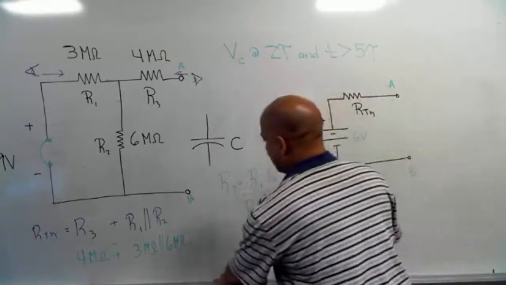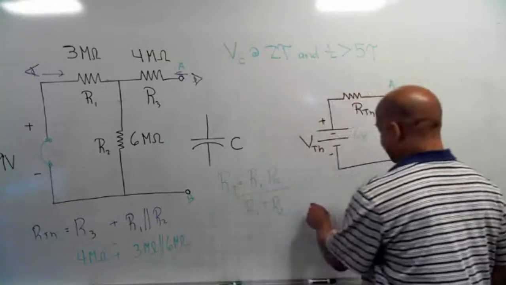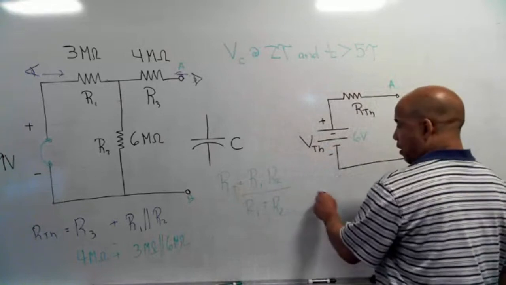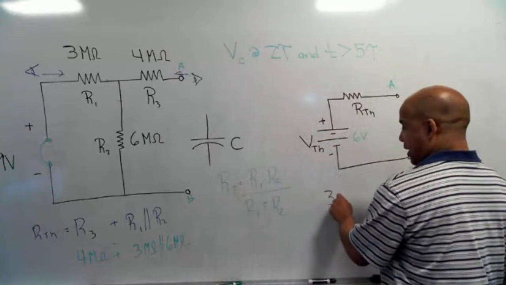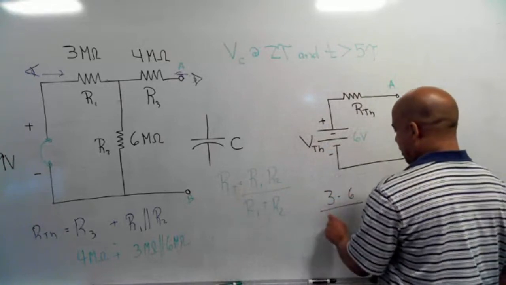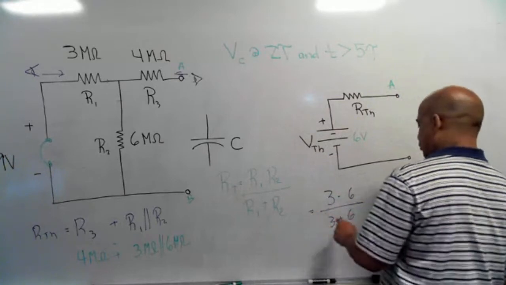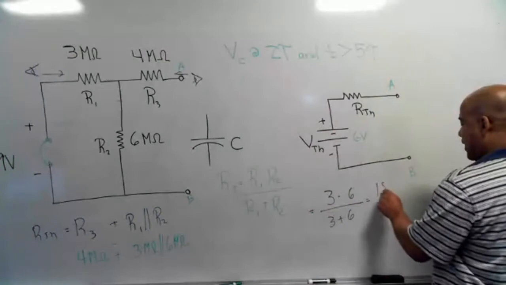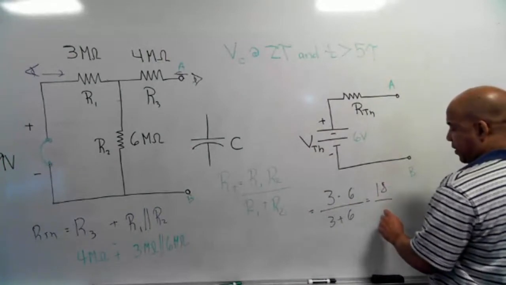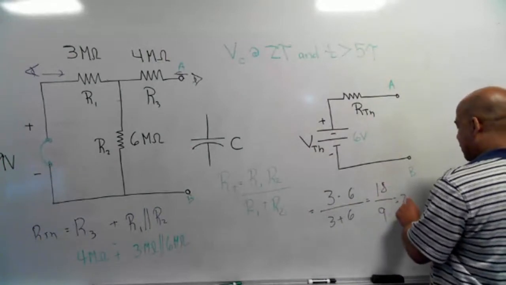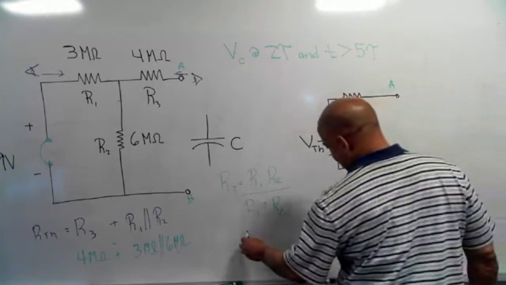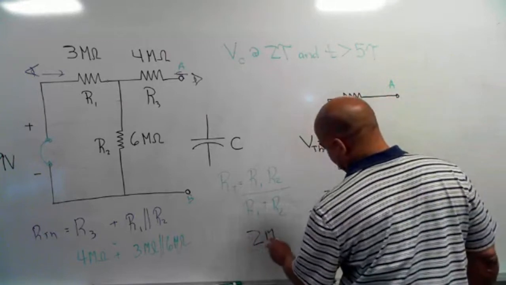So for R1, I'll have 3 times 6 over 3 plus 6. On the top, I have 18, and on the bottom, I have 9. That'll give me 2, but that actually is in megohms, so it'll be 2 megohms.